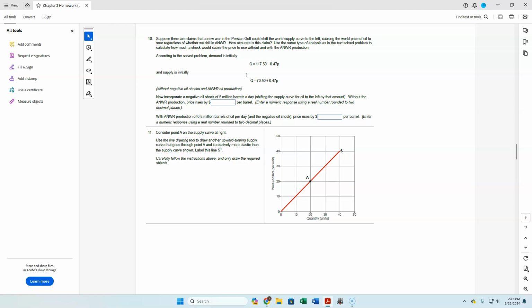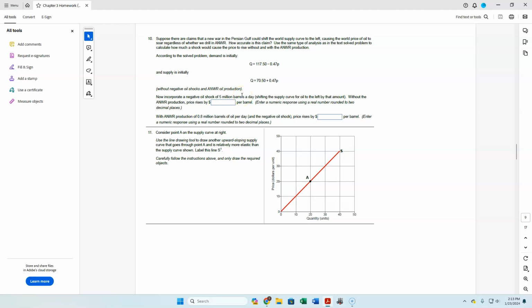So what we had to do here is change that when my price was 50 before, now what I need to do is change this from 70.5 to 68.5 to reflect the change in the supply curve that comes from having 5 million fewer barrels.